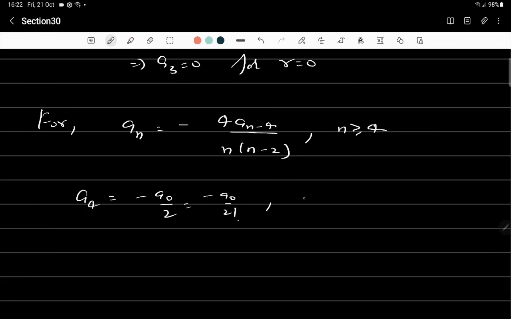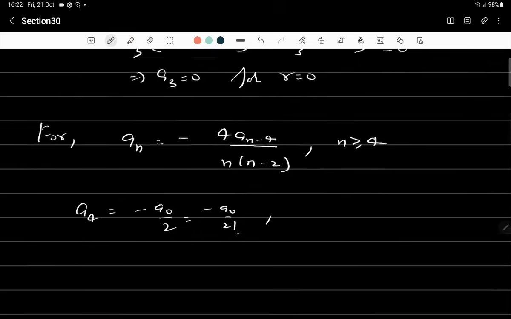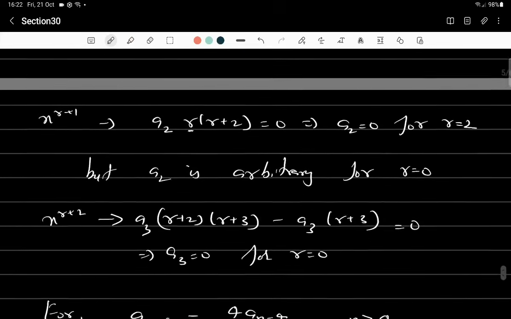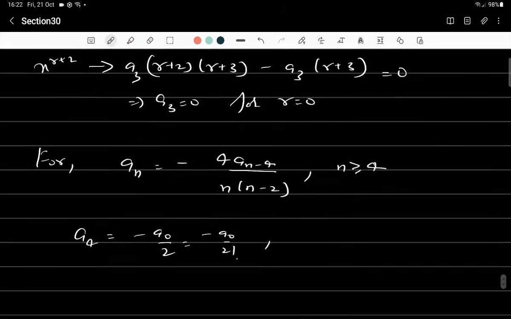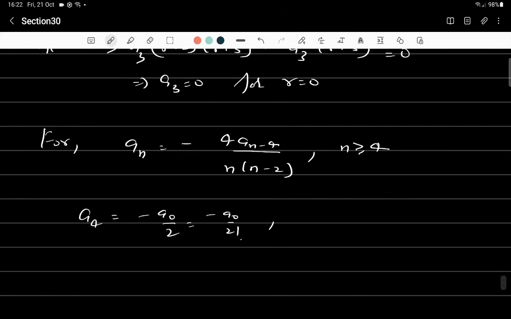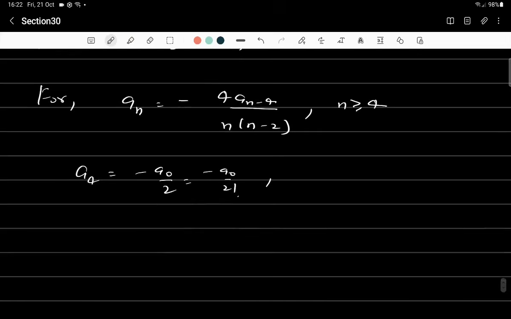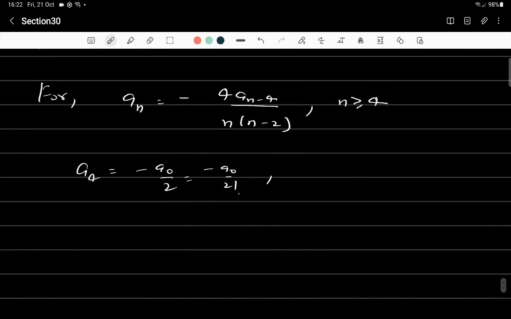It means r is equal to 0 gives us both Frobenius solutions. But we need a3 also, so let's compute it. x^(r+2) gives us (r + 2)(r + 3) minus a3 (r + 3). Here also it's a3, and that gives you a3 is equal to 0 for r is equal to 0.